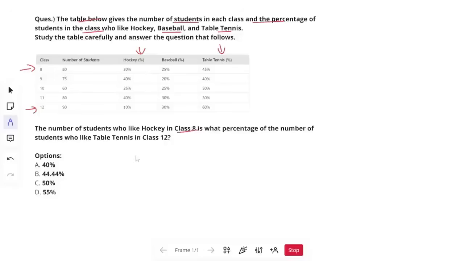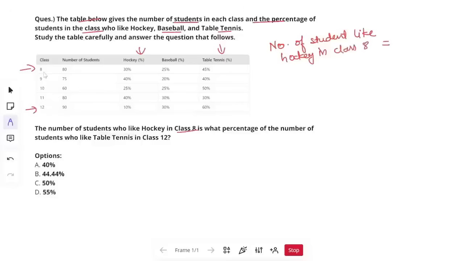So in order to find the ratio which is asked of us, or like the relation which is asked of us, the first thing asked is the number of students who like hockey in class 8. Let's see how we can find that out.